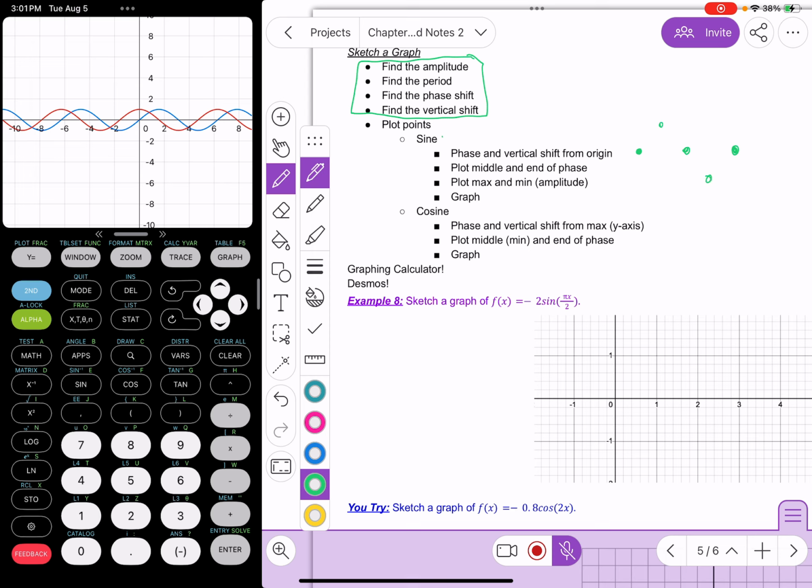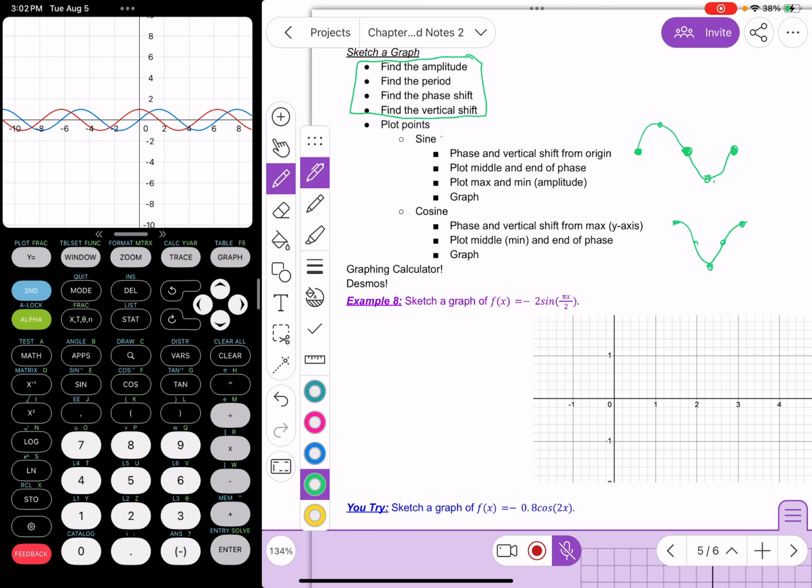Then you do your max and your min, and you get your whole phase. Cosine, you do your max, your min, because your min's in the middle, and then you do your midlines. So sine, your starting and ending points, then the middle, then your max and min. Cosine, maxes, minimum, midlines.